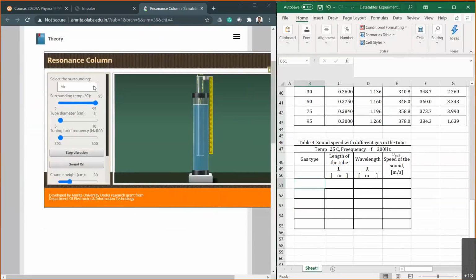I think other than Ar, we can select 5 more different gases. So let's select carbon dioxide, and then we're going to do temperature at room temperature, about 25 degrees C. Tube diameter, leave it like that. Frequency, leave it like that. And let's type here carbon dioxide.